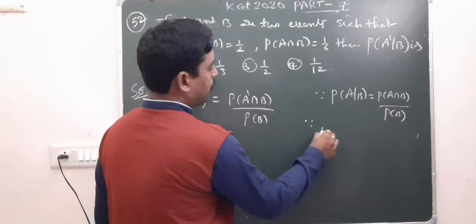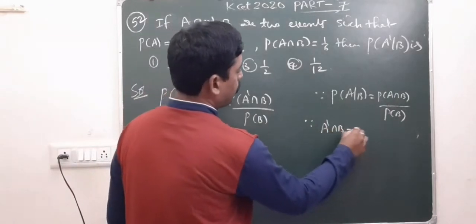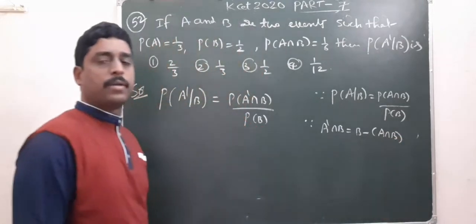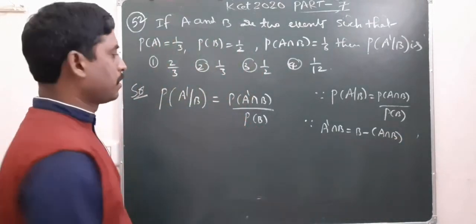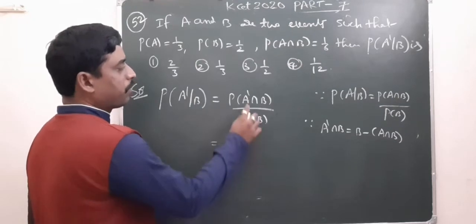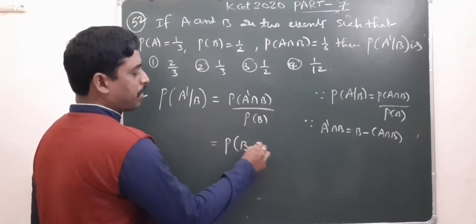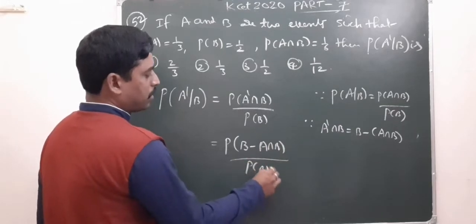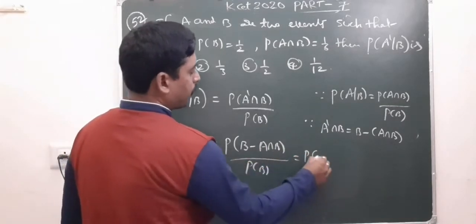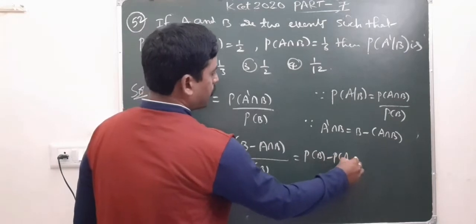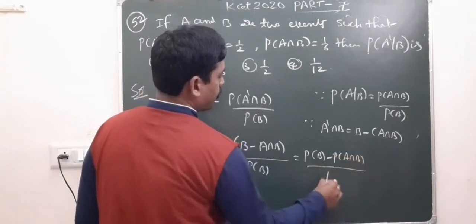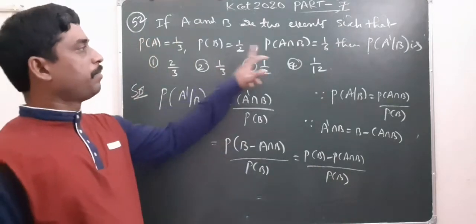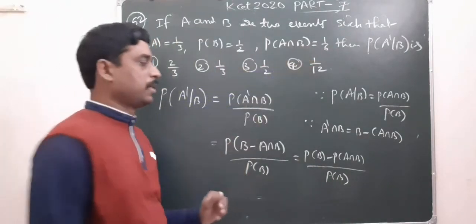But A dash intersection B is equal to B minus A intersection B. What is the formula? B minus A intersection B. So P of A dash intersection B is B minus A intersection B by P of B. This will be P of B minus P of A intersection B by P of B. So P of B value 1 by 2, P of A intersection B value 1 by 6.